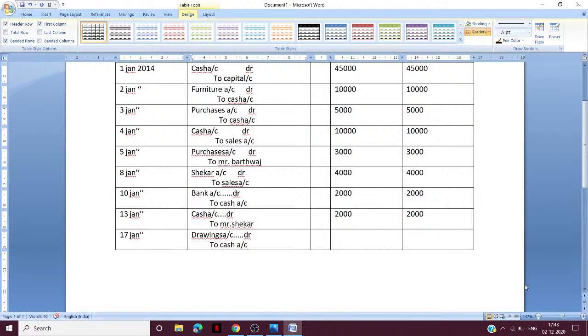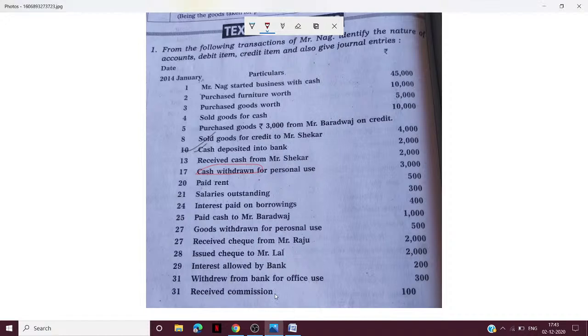This is the transaction. How much is the amount? 3000 on both the sides. Next, few other transactions are there. Let us finish that. Paid rent.